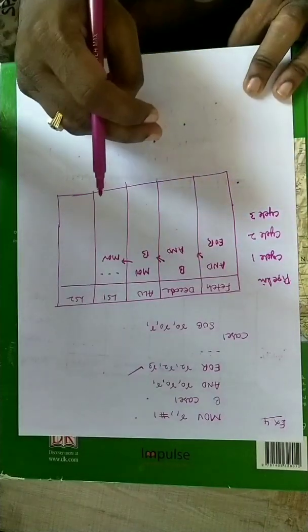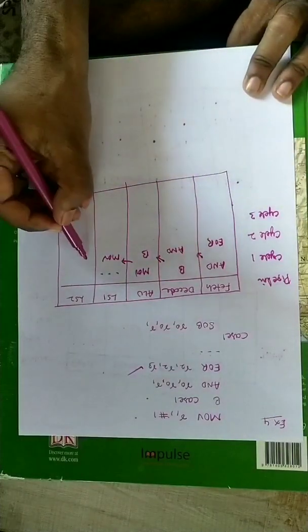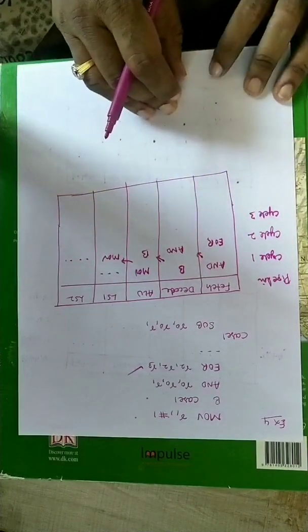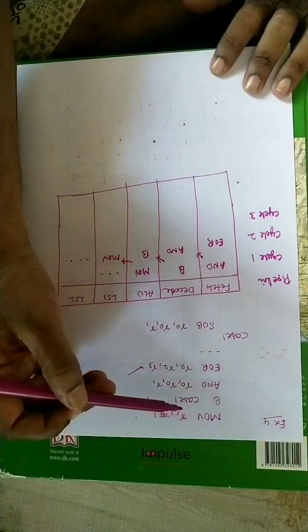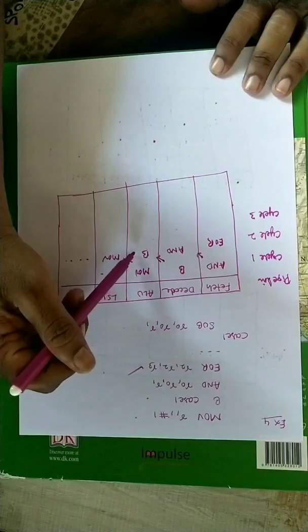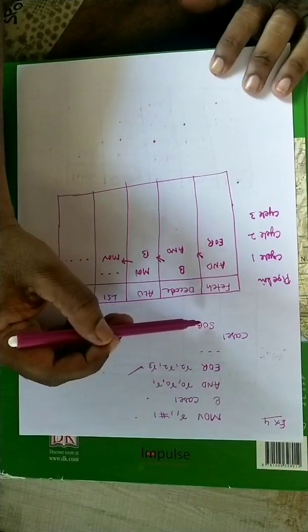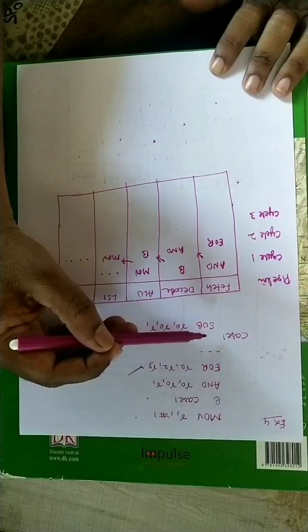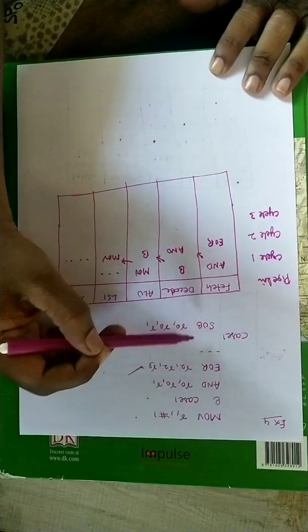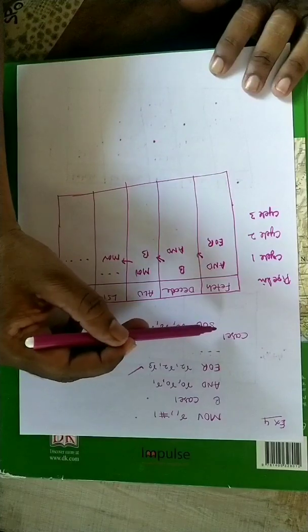Cycle 3. In cycle 3, observe here, the branch instruction executes. The branch is taking place to case 1.